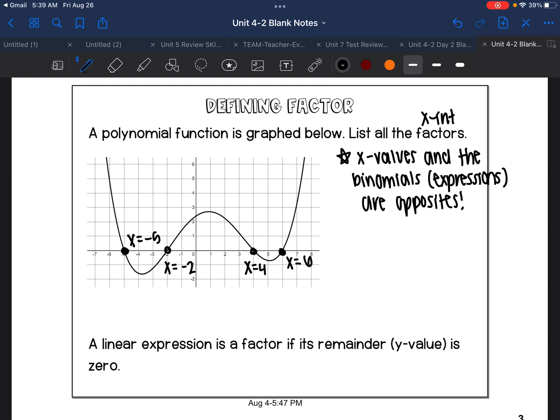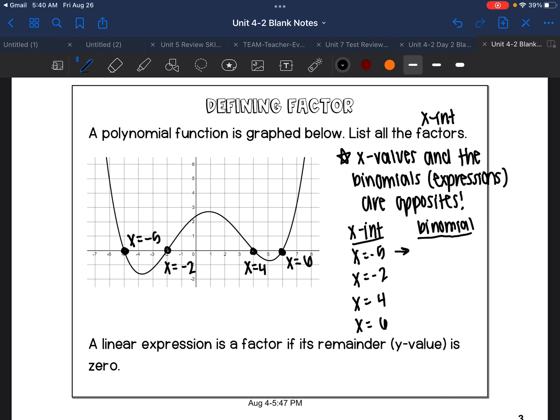function, because that's what it asks for, we're going to start by listing the x-intercepts. So we have x equals -5, x equals -2, x equals 4, and x equals 6. So the binomial that would be represented for each of those would be the opposite.